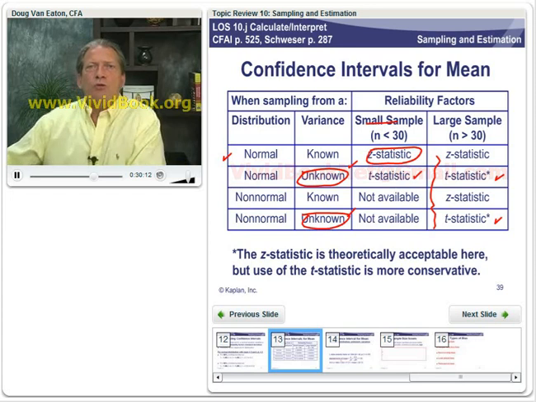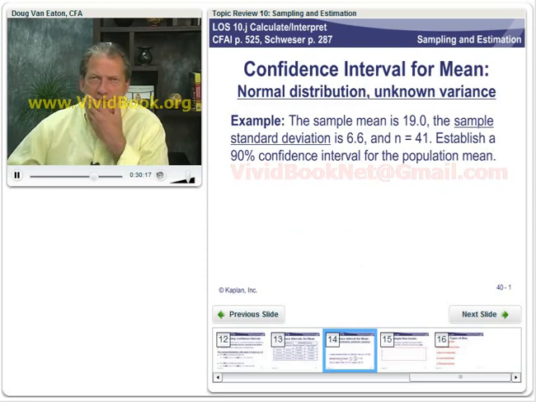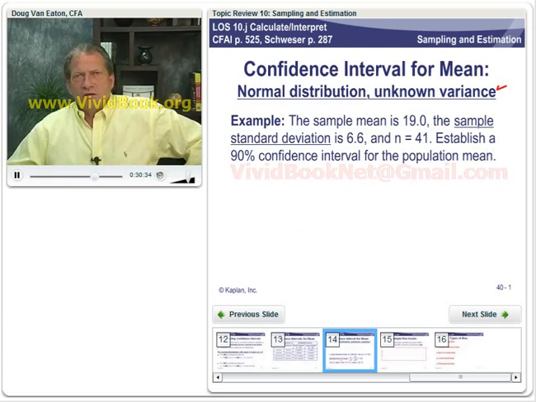Okay, let's work through an example here. We've got a normal distribution and unknown variance. Well, I'm thinking, what did that slide just tell us? It said normal distribution, unknown variance. The sample size is small, 30 or less. We need to use the t statistic.